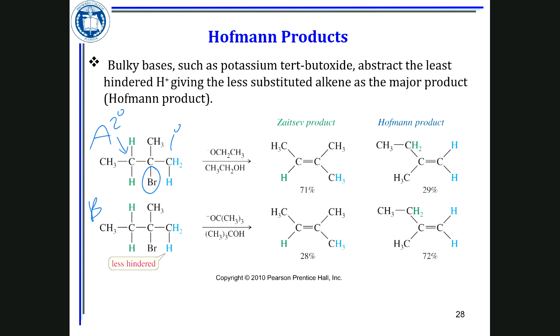So these hydrogens on the right side are more accessible because the carbon carrying those hydrogens is less hindered, attached to more number of hydrogens, versus the carbon on the left side, because it's a secondary carbon, that means it's attached to more number of carbons and less number of hydrogens.